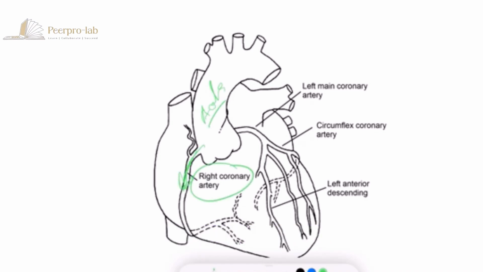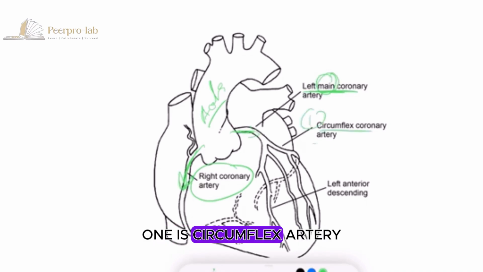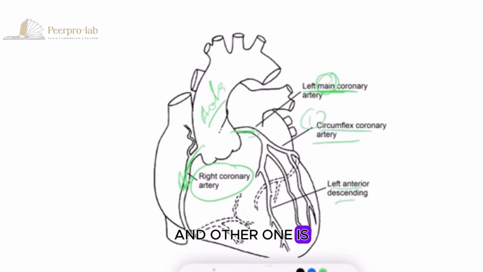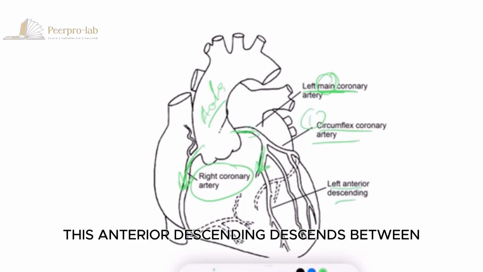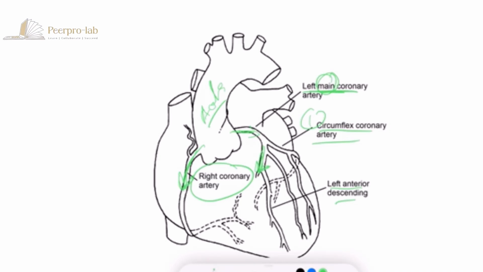As I explained, this is the left main coronary artery because it gives two blood supplies. One is the circumflex artery and the other one is the anterior descending. This anterior descending descends between the right ventricle and left ventricle.